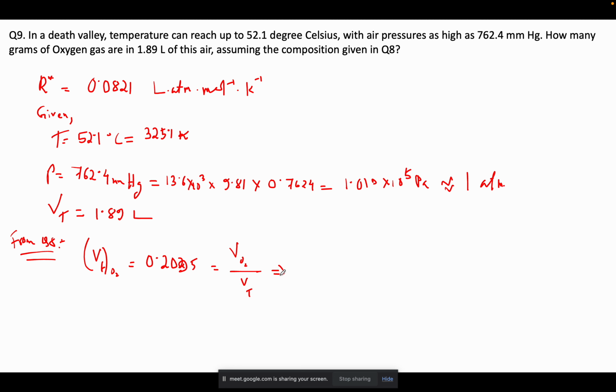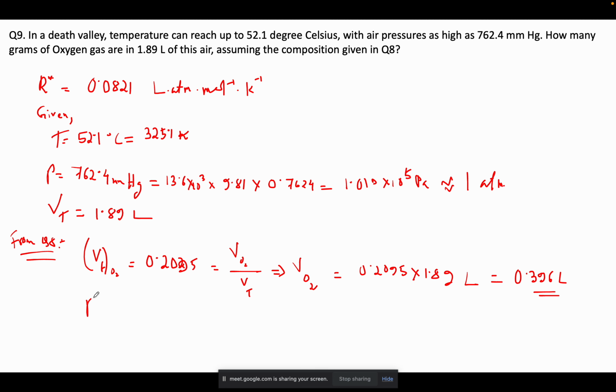So from here I can calculate the volume of oxygen present: 0.2095 into 1.89 liter. So that is 1.89 into 0.2095, which is 0.396 liter. So this much volume of oxygen is present.